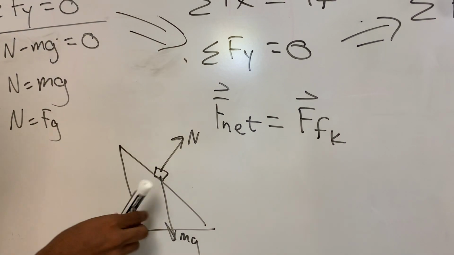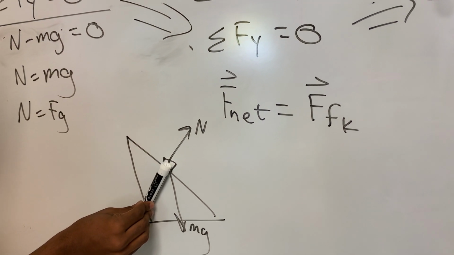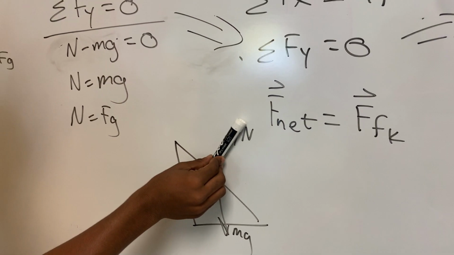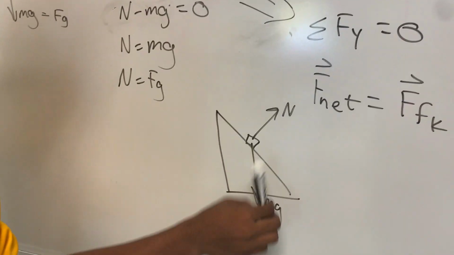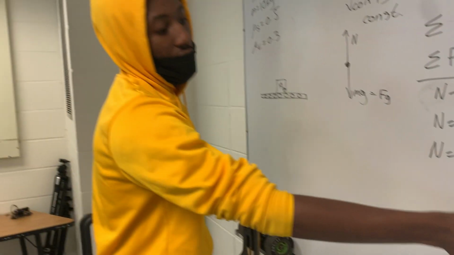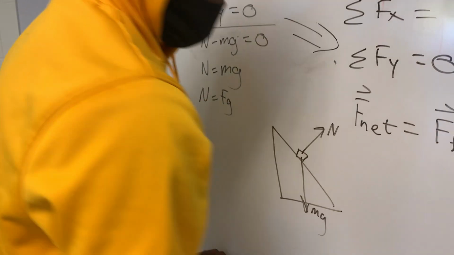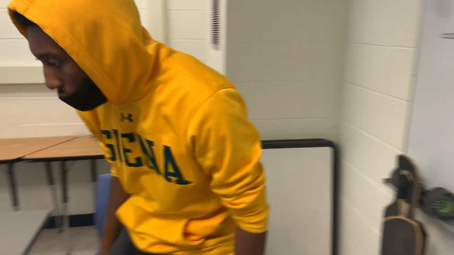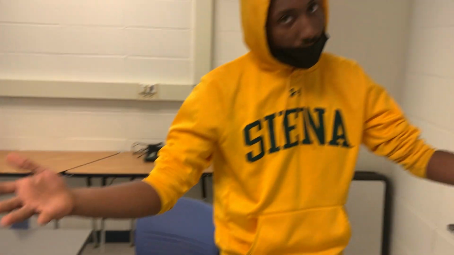So the component of mg will equal the normal force instead of actually being mg. In this case we can get away with saying mg is equal to the normal force, but if it's on an incline, you can't get away with that. So that's the whole 6.26 problem.